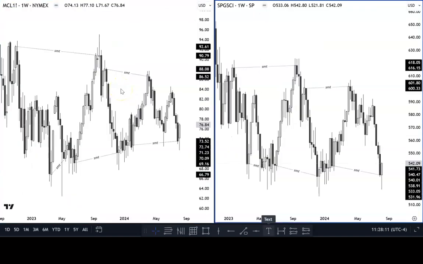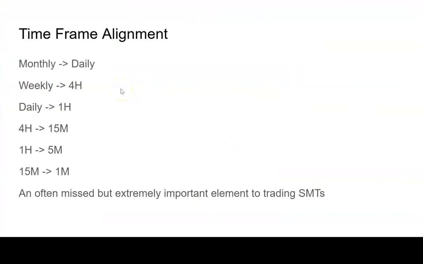The time frame that you would go to is the 4-hour time frame, and that would be your entry time frame. So if the SMT is on the monthly time frame, you take your entry on the daily. If it is on the weekly, 4-hour, the daily, 1 hour, 4 hour, 15 minutes, etc.